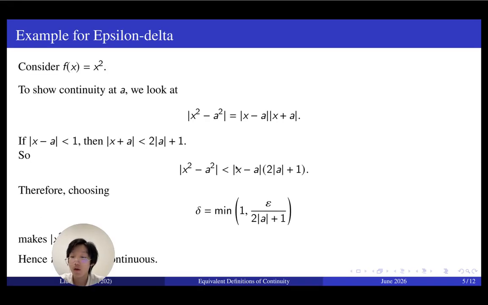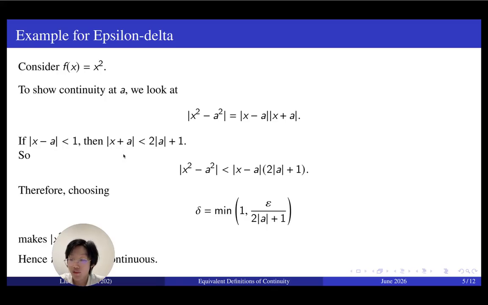Now let us look at a short example. Consider the function f of x equals x squared. To show continuity at a, we look at the absolute value of x squared minus a squared, which equals the absolute value of x minus a times the absolute value of x plus a.